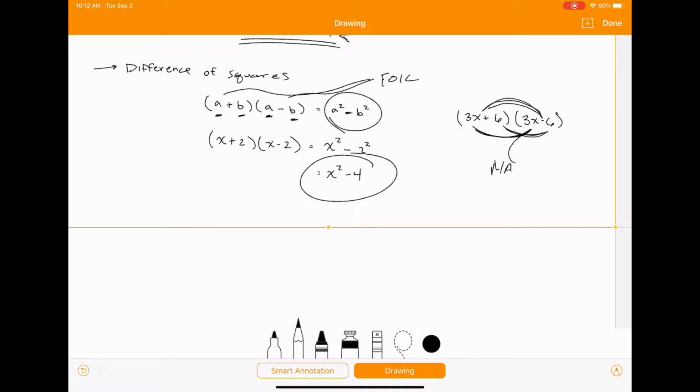So match and opposite. All right? That's your clue that these are difference of squares. So again, you can take that first value, square it, your second value, square it, put a minus sign between them. So 9x squared minus 36. And that's going to be your difference of squares.